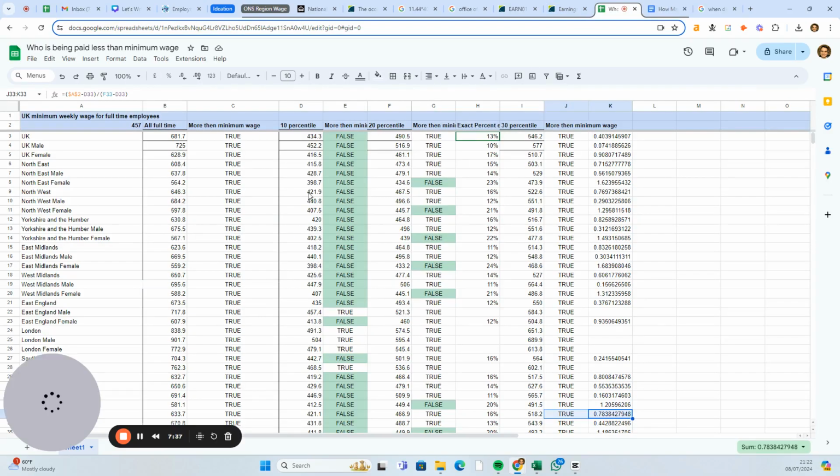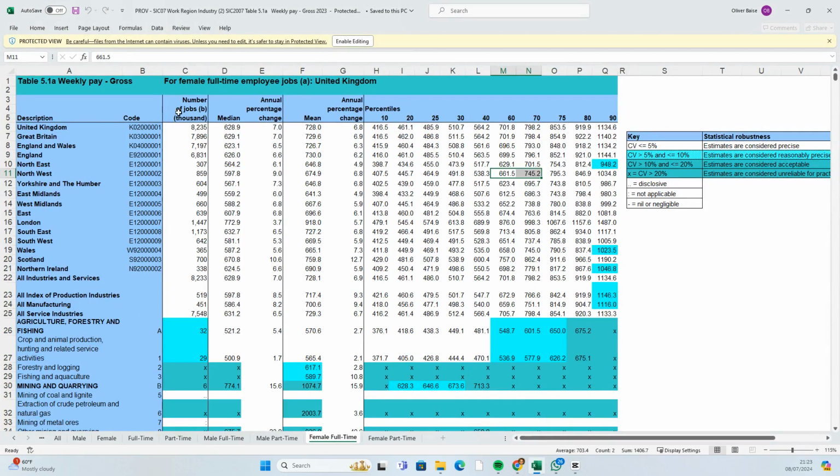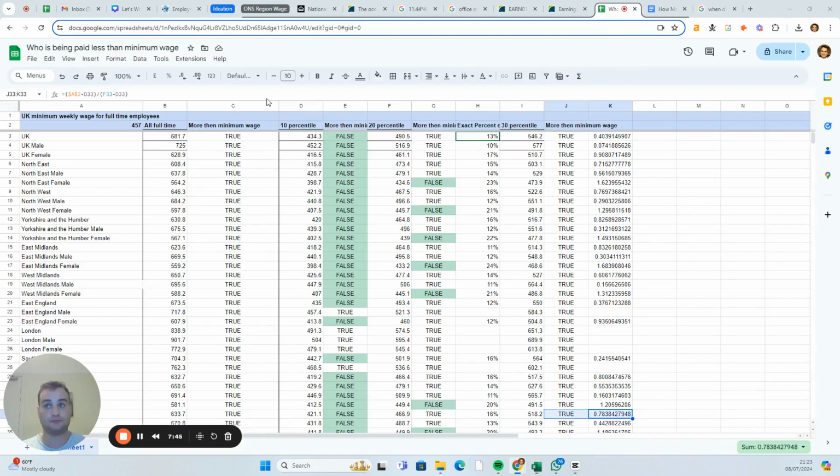So what I did is I went through this, and then I grouped together UK male, UK female. And then I just did it by region and by gender. And then I did the 10th percentile, the 20th percentile, and the 30th percentile.